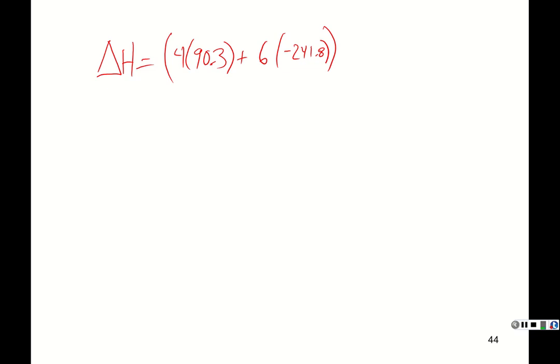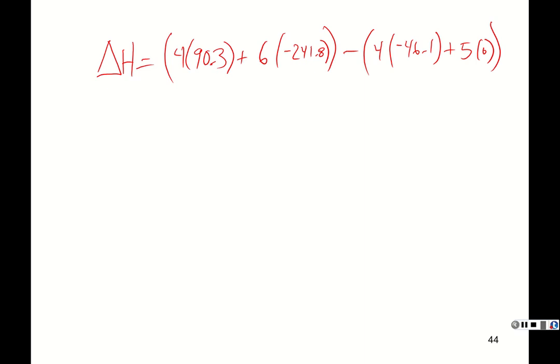Again, those numbers are in kilojoules per mole. The coefficients are moles, so we're going to get kilojoules out when we do all this math. I'm just not including them in the interest of saving space here. The reactants were 4 moles of NH3, which has a delta H of formation of negative 46.1, and then 5 moles of O2, which again has a delta H of formation value of 0.